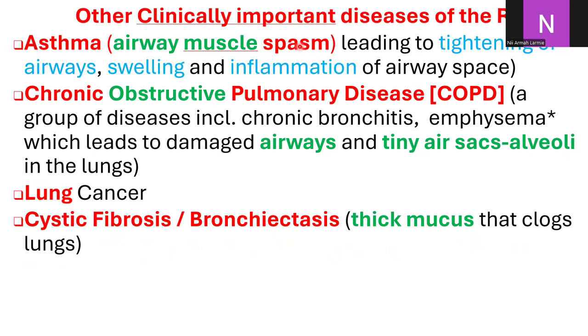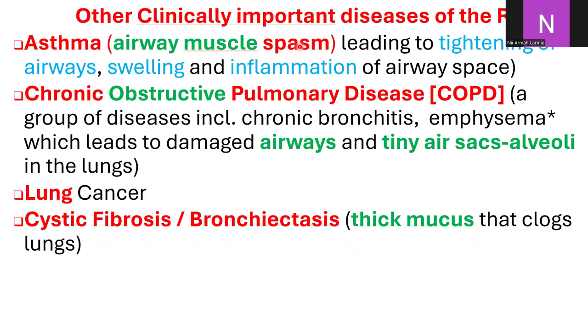Emphysema is where the airways are damaged, or the alveoli are damaged, or even both can be damaged. That's also described as chronic obstructive pulmonary disease. So that term includes a group of diseases.